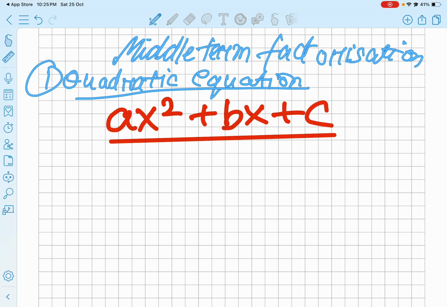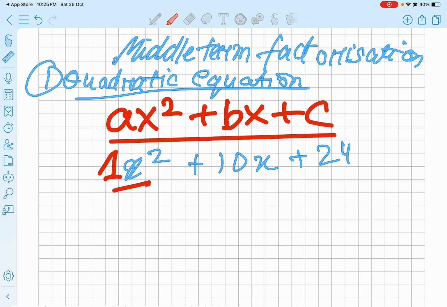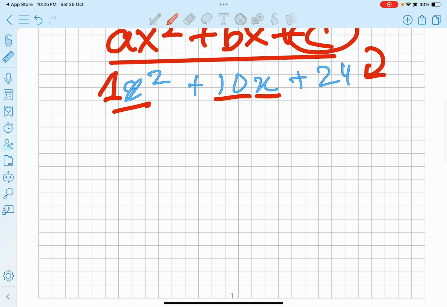Now, whenever we have any algebraic expression that is in this format, for example, let's take x square plus 10x plus 24. As we can see, a is 1, we have x square, b is 10, we have an x, and we have a c which is 24. Now, how do you factorize it? First step is find AC.